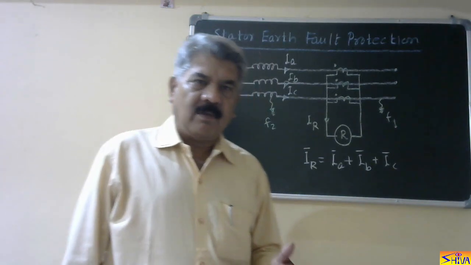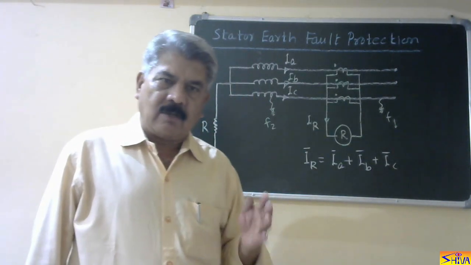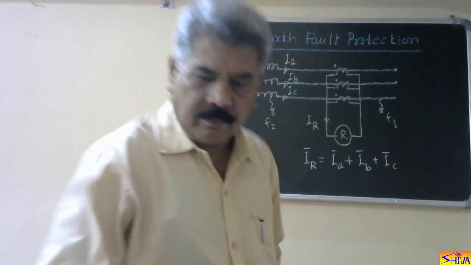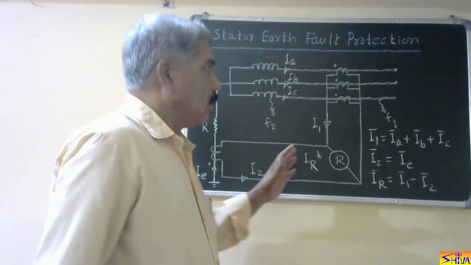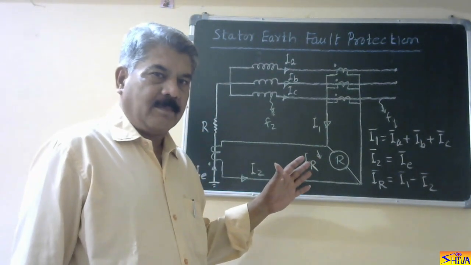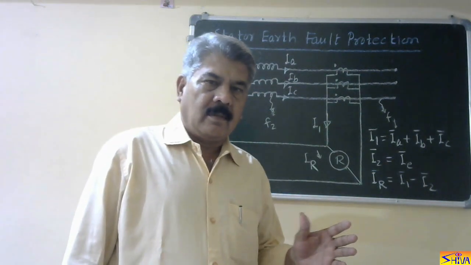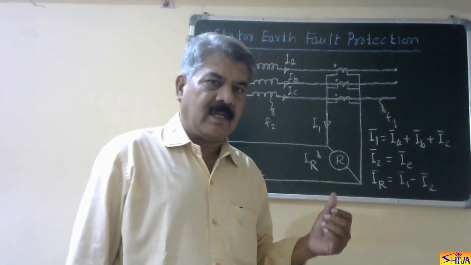Another scheme is the balanced earth fault protection of the generator, which is also restricted to the generator. Let us consider this scheme. This is called balanced earth fault protection, also restricted to earth faults on the generator only.